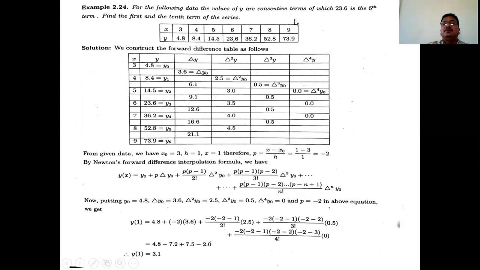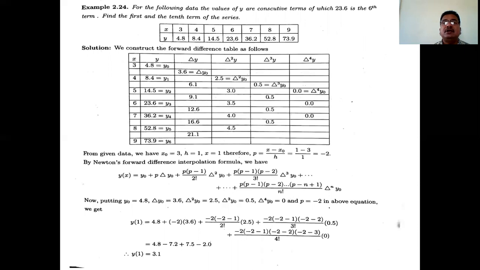And if we have to interpolate at the end of the table, here at 10, then use Newton's backward interpolation formula. Both formulas are used if the values of x are equidistant.